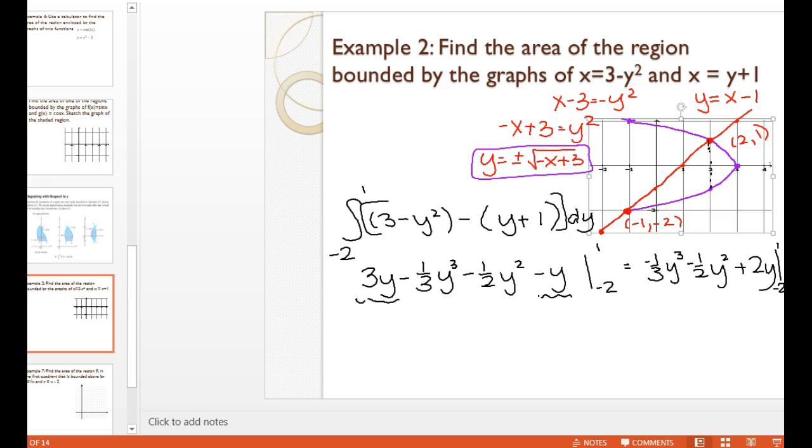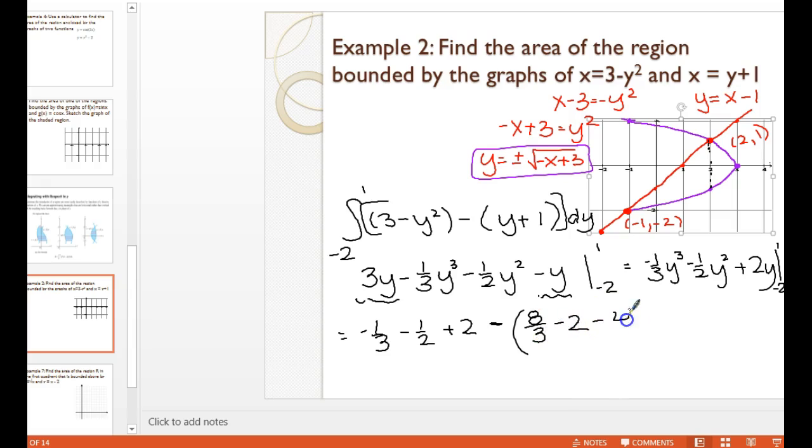Okay, now what we want to do is simply plug in our bounds. So you have negative 1/3, negative 1/2, positive 2, minus negative 2 cubed, again, is negative 8, but there's a negative here. So you get 8/3. Negative 2 squared is positive, but there's a negative there, so you get negative 2.